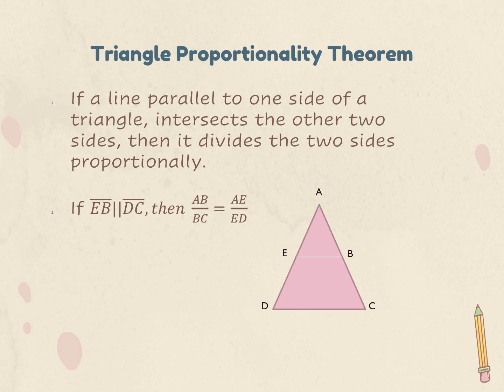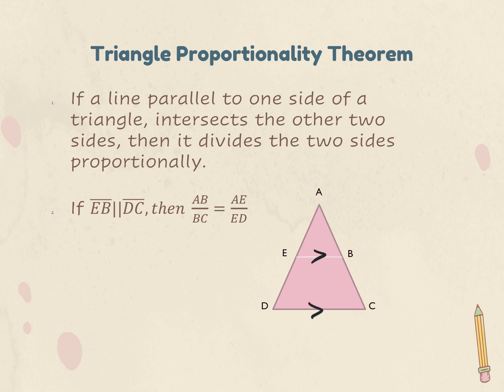one side of a triangle intersects the other two sides, then it divides the two sides proportionally. So here, if EB is parallel to DC, then we could set up the proportion AB over BC is equal to AE over ED.